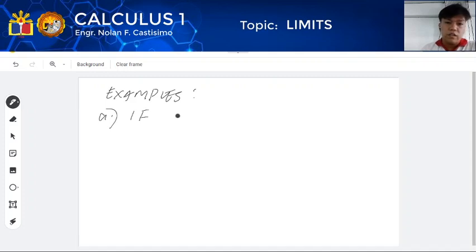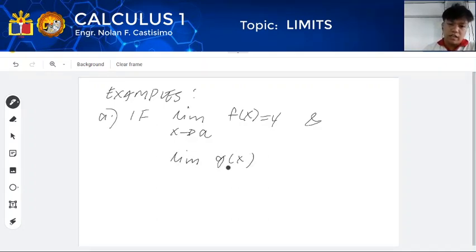So, if the limit of f of x is equivalent to 4 as x approaches a, and limit of g of x as x approaches a is equivalent to negative 5. Negative 5 yan.